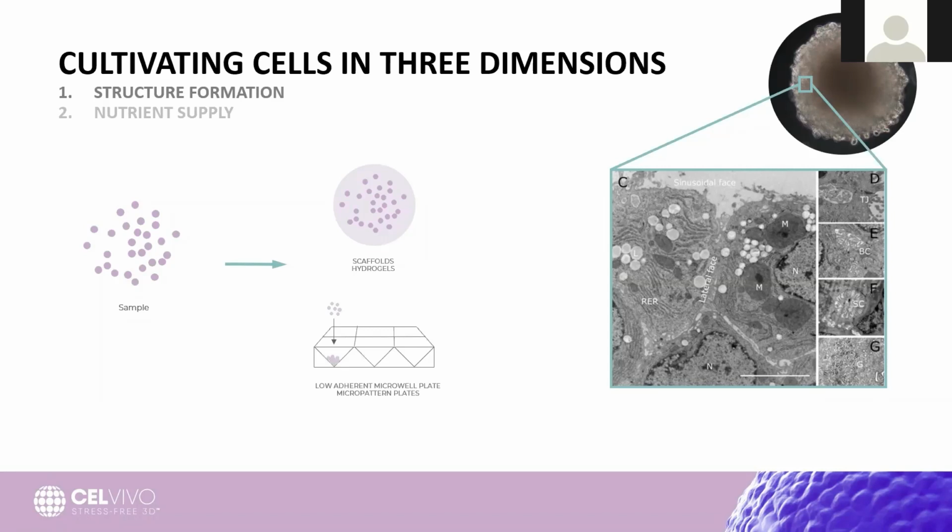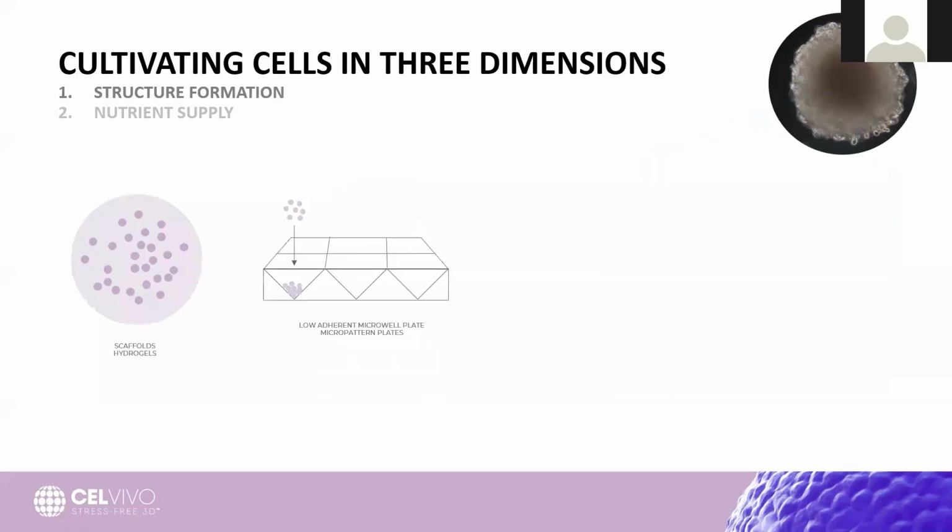That's a very popular technology as well, where they have an ultra-low adherent surface. So when you put your single cells in the plate, they will also conglomerate into 3D structures. As I said, these are only a couple of technologies, but they are very popular and emerging because they're really good at forming 3D structures.